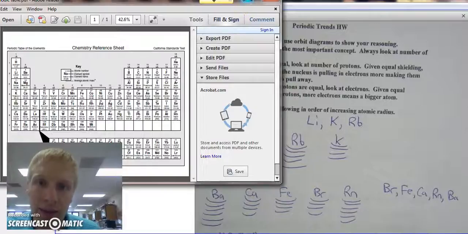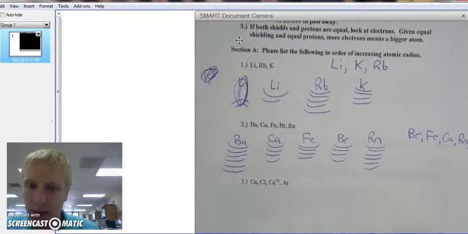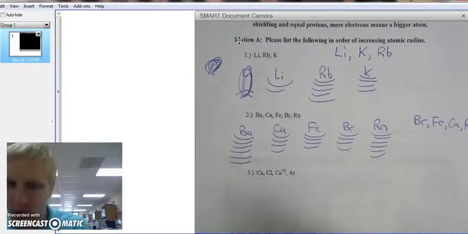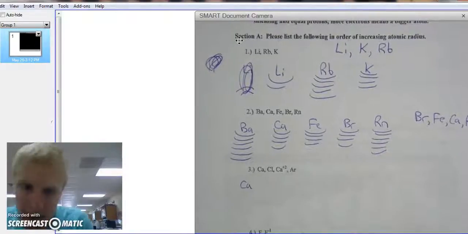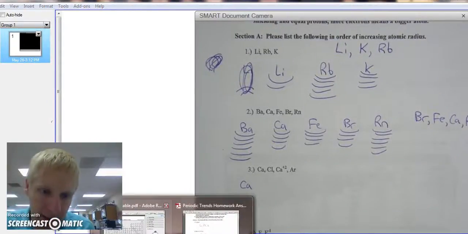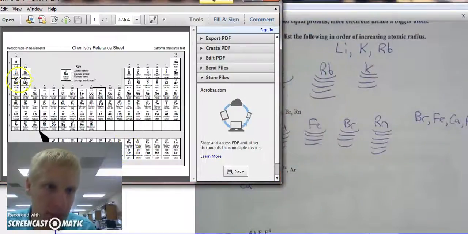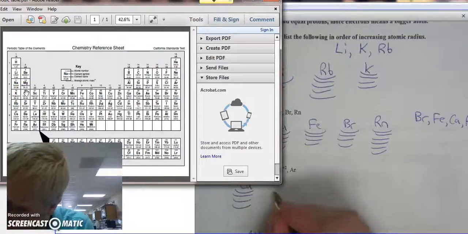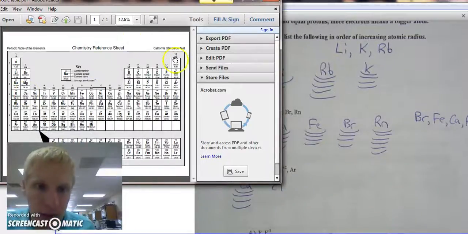Alright, let's do the next one, and that's calcium, chlorine, calcium 2 plus, and argon. Calcium, let's look at this guy right here. It has 4 shells. Chlorine has 3 of them.